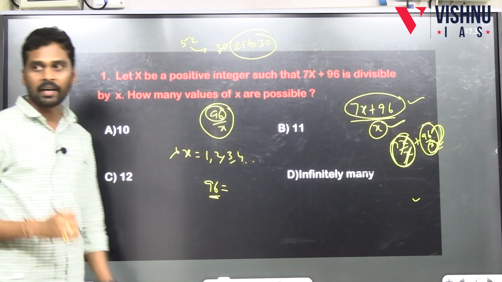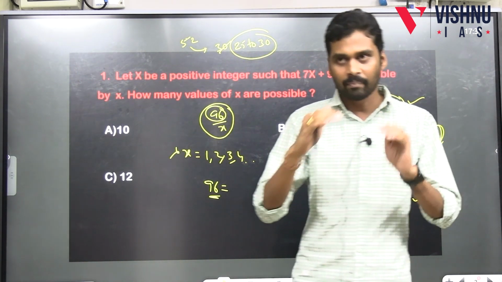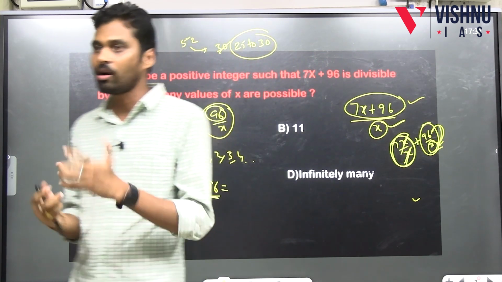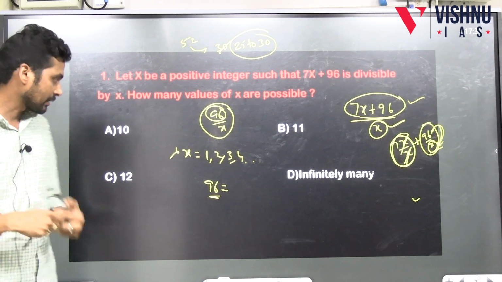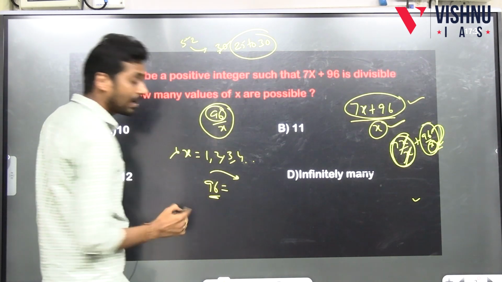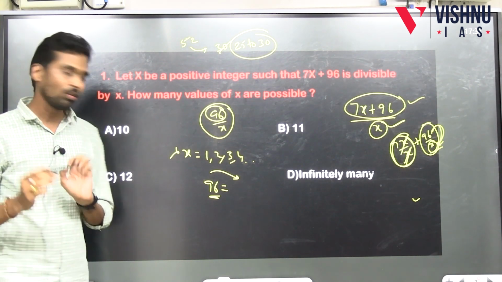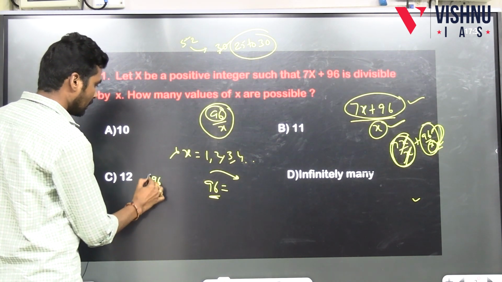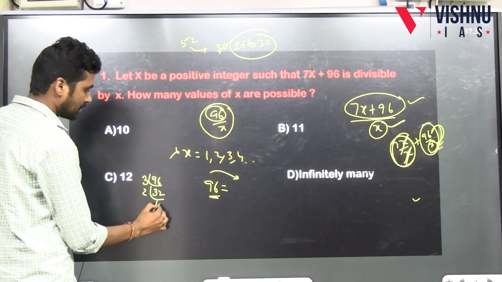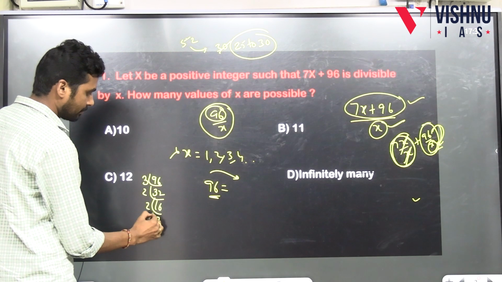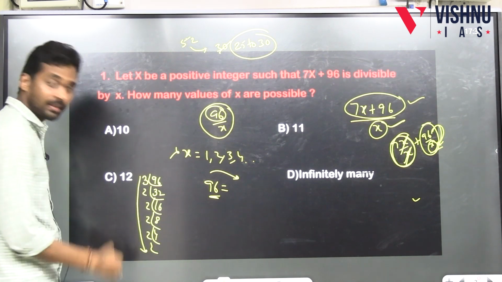For any number, to find the number of factors, that is, a number is divisible by how many numbers, first of all write the number as a product of prime numbers. How do you write 96 as prime numbers? You can write it as 3 3s, 3 2s, 2 16s, 2 8s, 2 4s, 2 2s, right? All these are prime numbers, right?